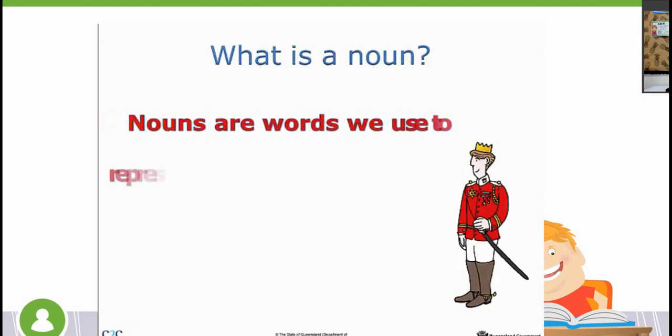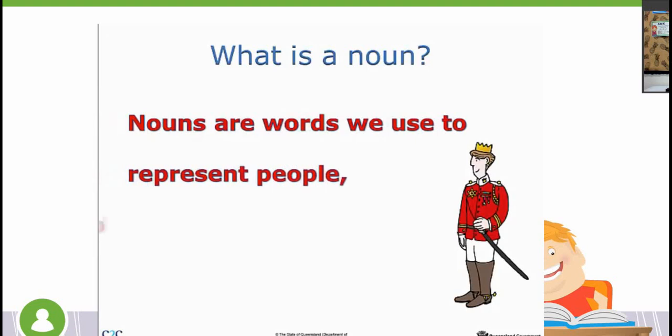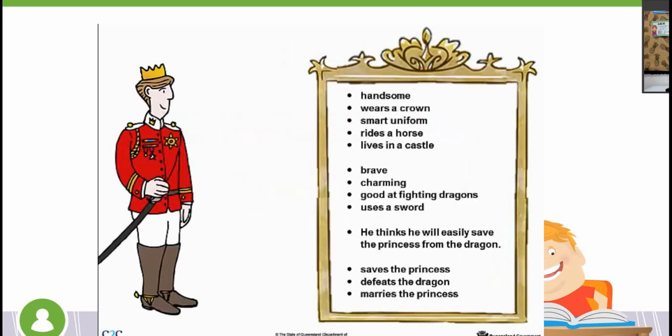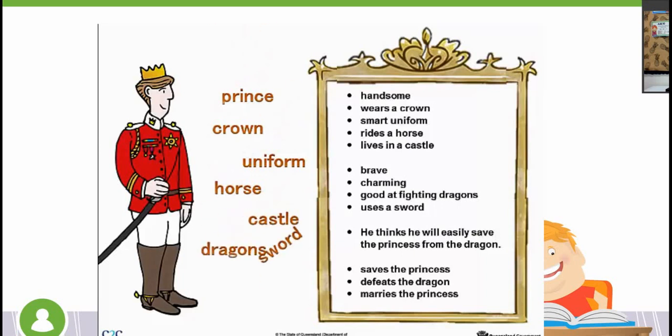Nouns are words we use to represent people, places, ideas, and things. Let's find some nouns in our character profile. Some words that represent people, places, and things. Prince, crown, uniform, horse, castle, dragons, sword, princess.